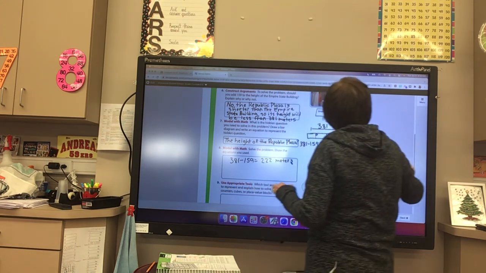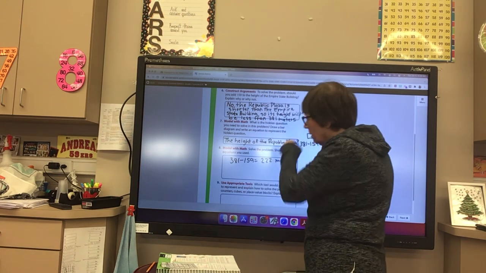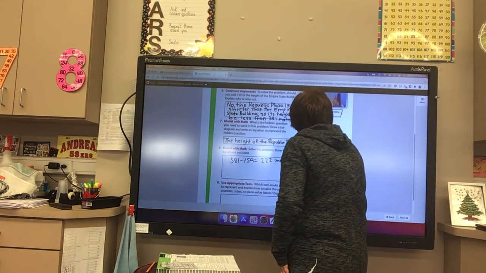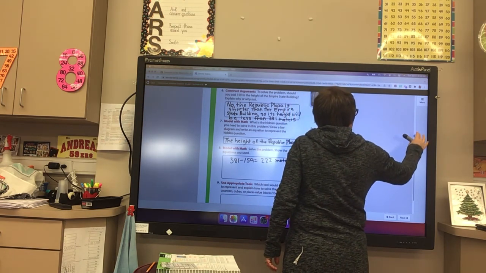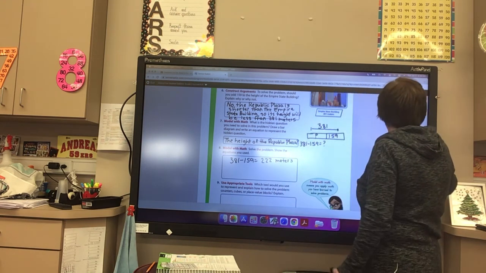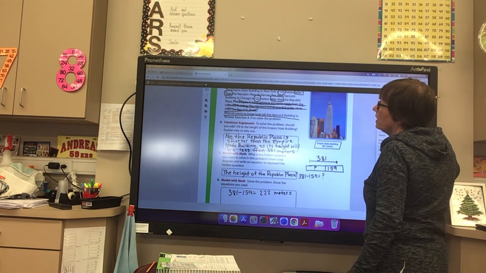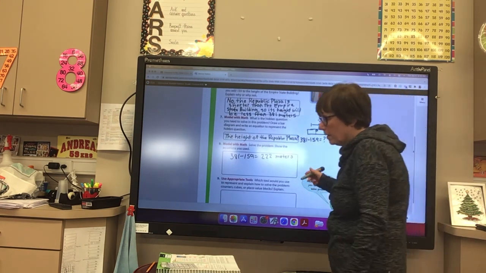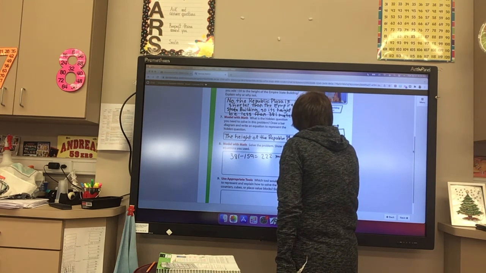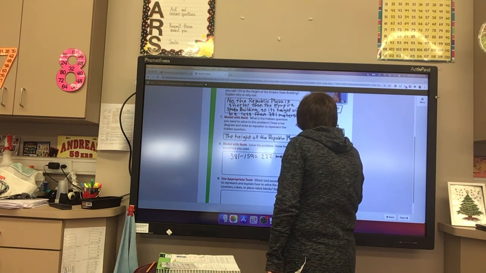Now boys and girls, now we have to figure out our next equation. Now the John Hancock Building is 122 meters taller than the Republic Plaza. So I'm going to draw another bar diagram.